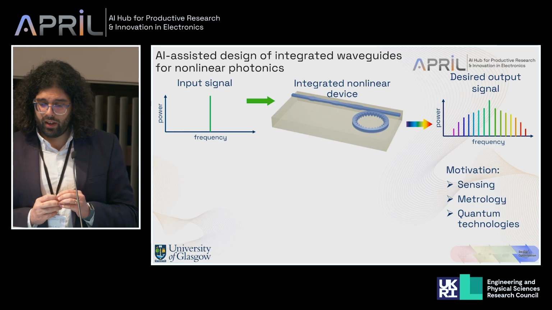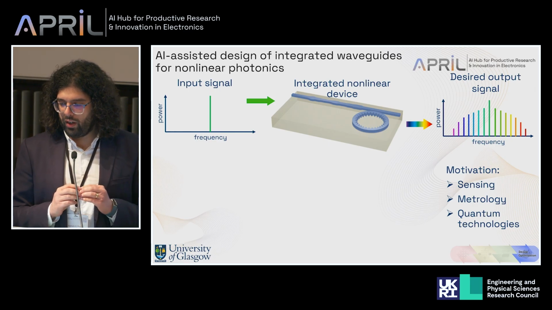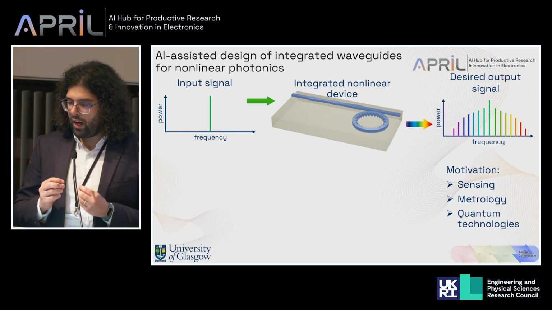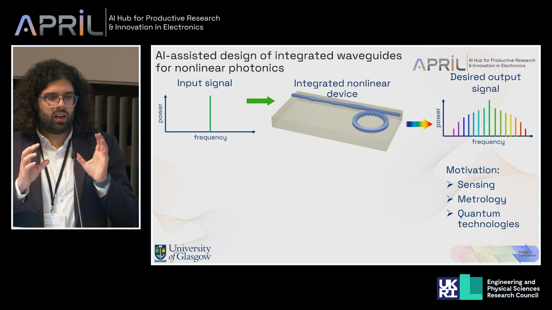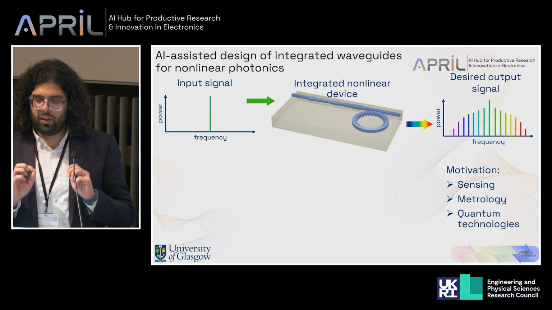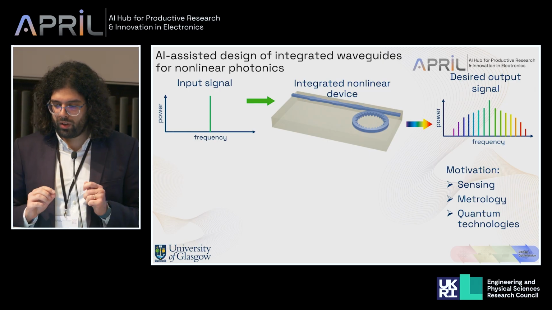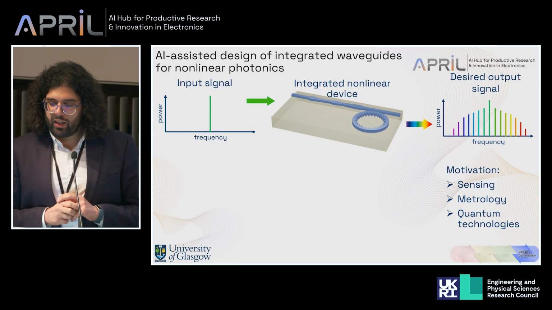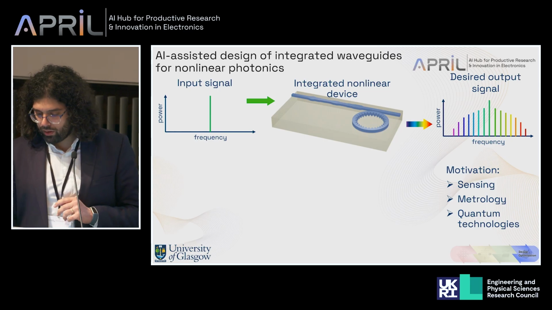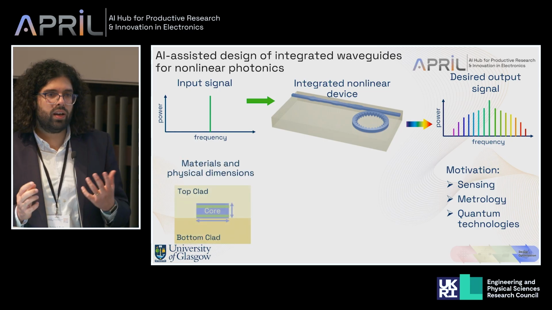The tricky part here is that if we want to have a general arbitrary output signal, arbitrarily located across the optical spectrum, the integrated device is quite difficult to design because the parameter space is quite big.